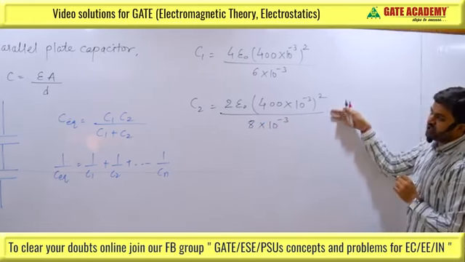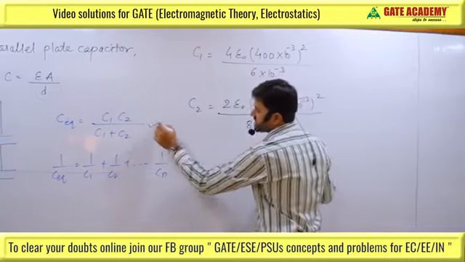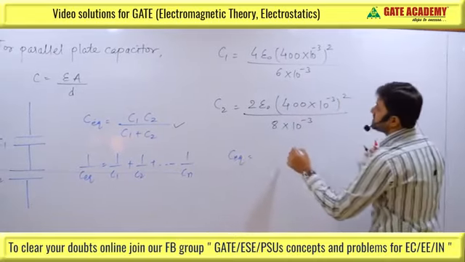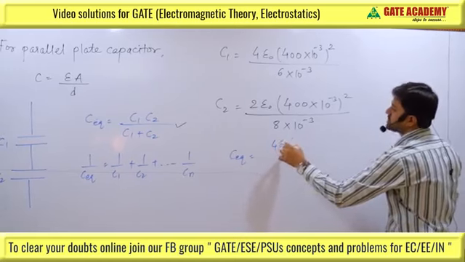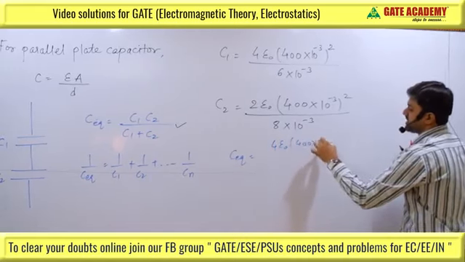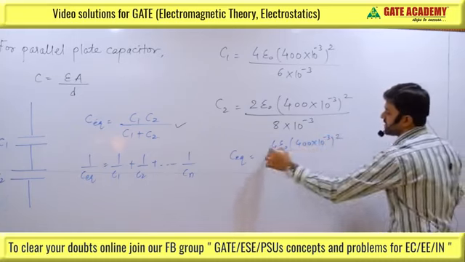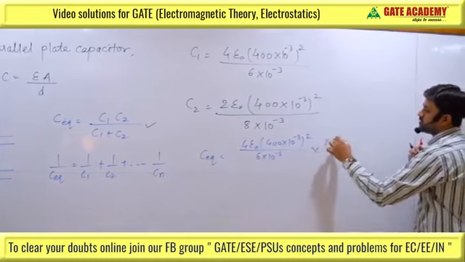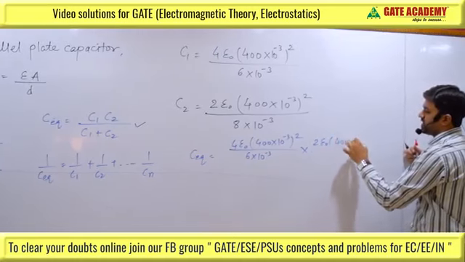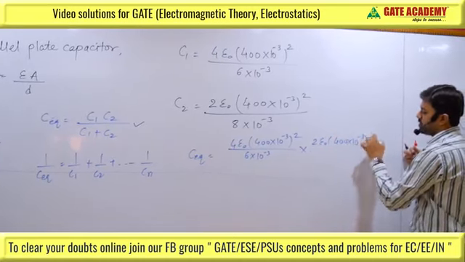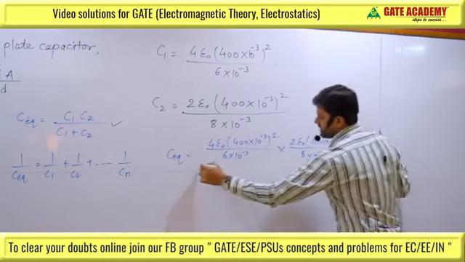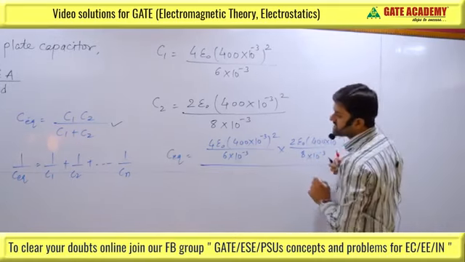So putting the value of C1 and C2 in this equation, we will get equivalent capacitance as C1 C2. So this is 4 epsilon naught 400 into 10 to the power minus 3 whole square divided by 6 into 10 to the power minus 3 into 2 epsilon naught 400 into 10 to the power minus 3 whole square divided by 8 into 10 to the power minus 3, whole divided by C1 plus C2.